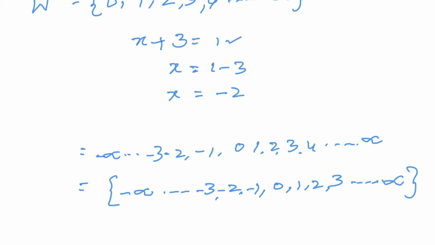If you observe this set well, we can find the natural numbers from 1 to infinity, and we can find whole numbers 0 to infinity, and in addition to these two, we find the negative numbers. The solution to the equation x + 3 = 1, that is x = -2, is found in this set.